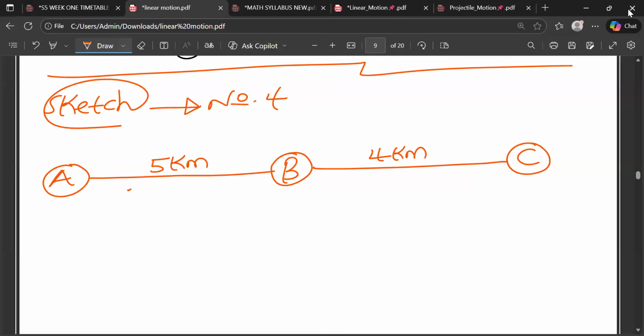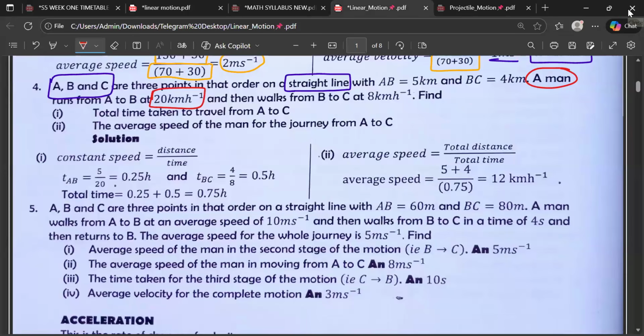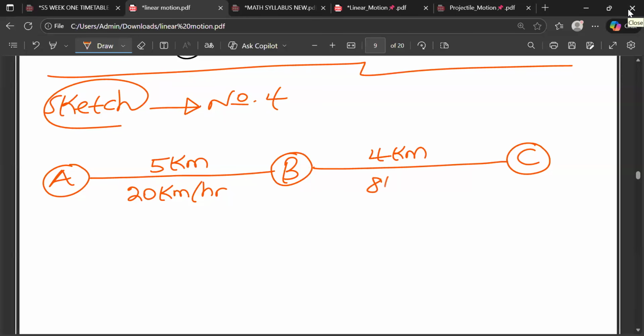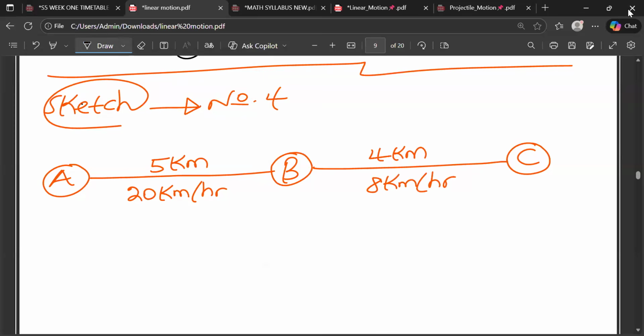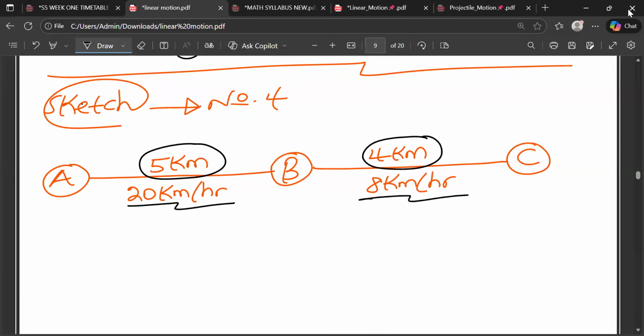The other one was running, so this one is walking from B to C at a speed of 8 kilometers per hour. So you all know the units. That's why I told you about units. These are distances, of course, and these are speeds.